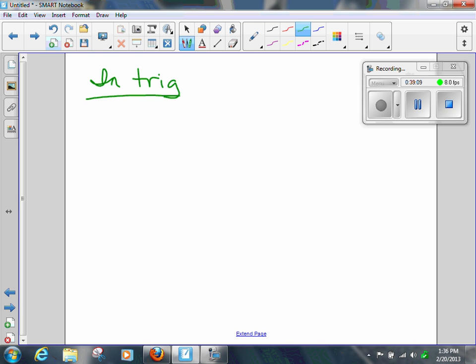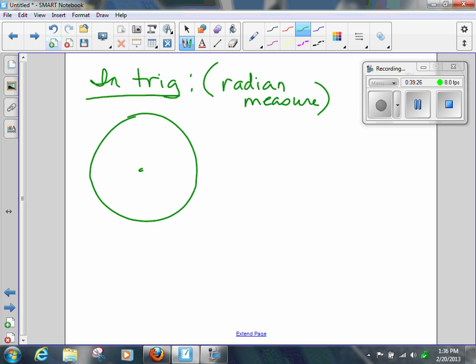In trig now, we're not going to deal with degrees, but we're going to probably deal with what? Radian measure. Okay, so we're going to deal with radians. Now we're not going to have this nice angle that's 60 degrees, but you may have an angle called theta.